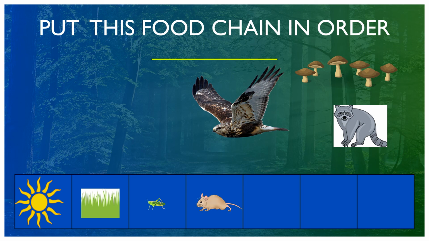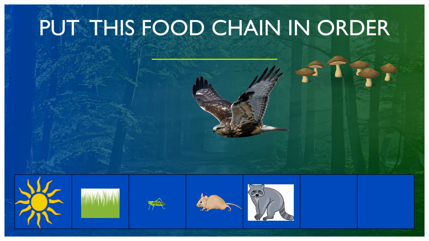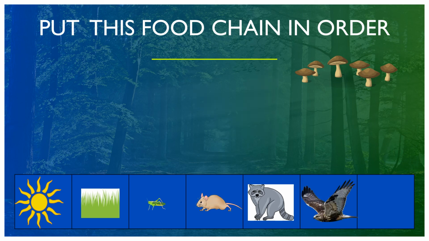The field mouse is our next part of the food chain. What comes next? The raccoon. The raccoon is next in this food chain. Which of the last two organisms is next in line in the food chain? The hawk is next, which leaves finally the mushrooms as our decomposer.